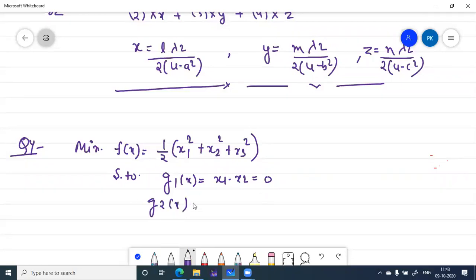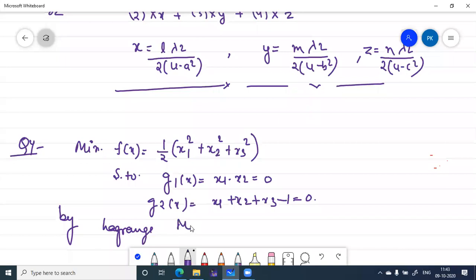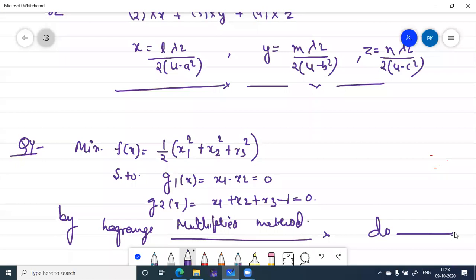And the second condition is x1 x2 x3 minus 1 equal to 0, by Lagrange's multiplier method. So do it yourself.